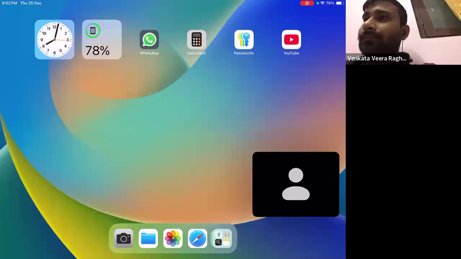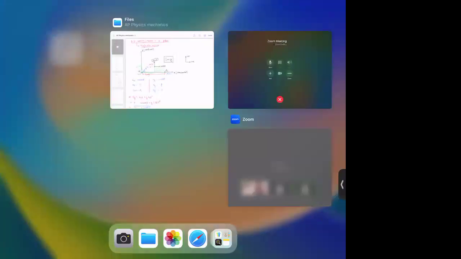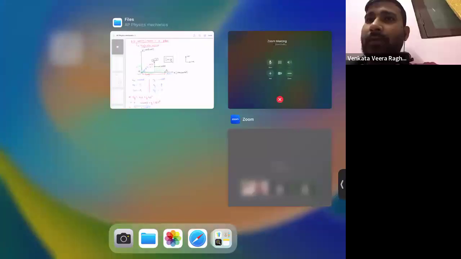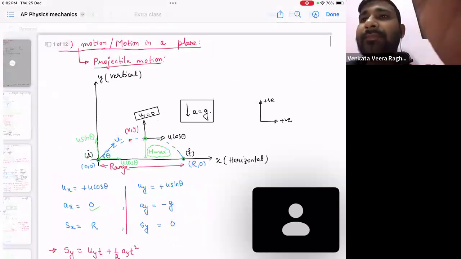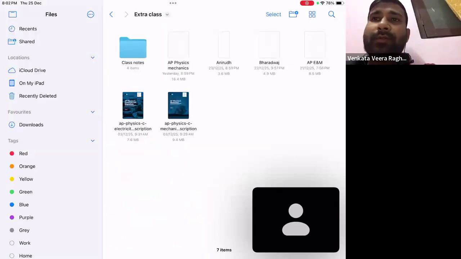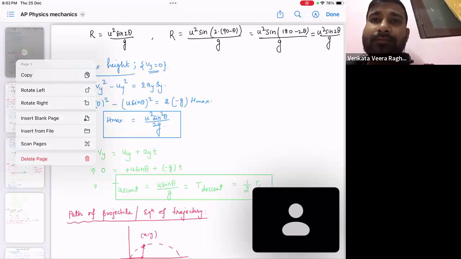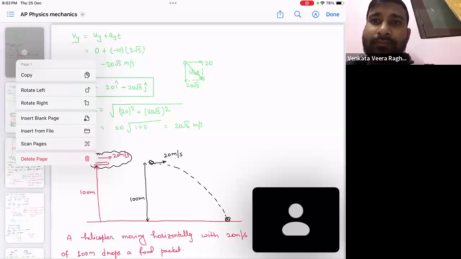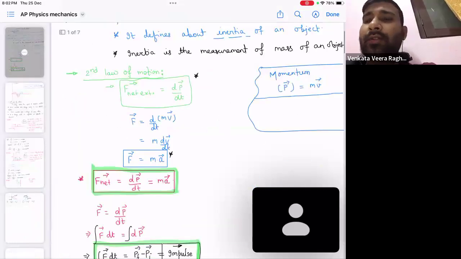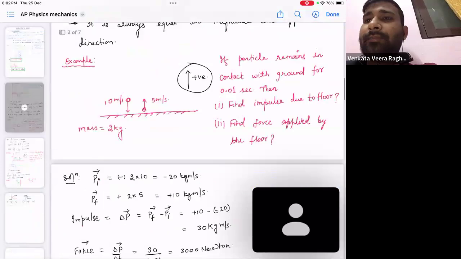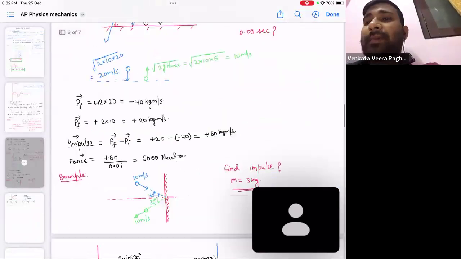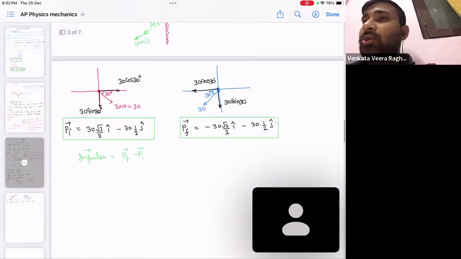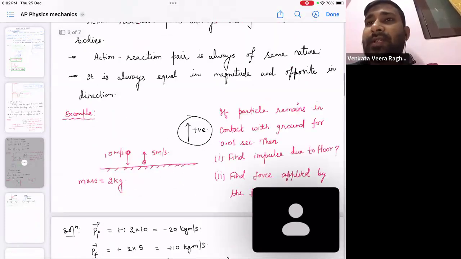Actually, let's start. So we were in the NLM part, so let's continue there. What we discussed was how do we calculate the impulse and how do we calculate the average force acting on a particle.